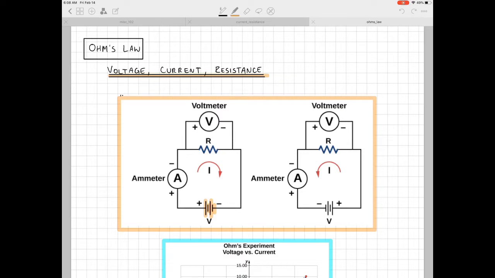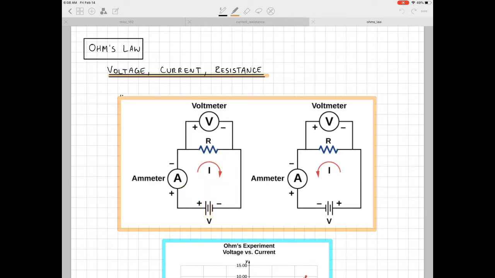And then the current flowing in the circuit is just represented here by I and then this arrow. Notice that the positive terminal of the battery is on this side, so that means your current is going to be clockwise through this left circuit.